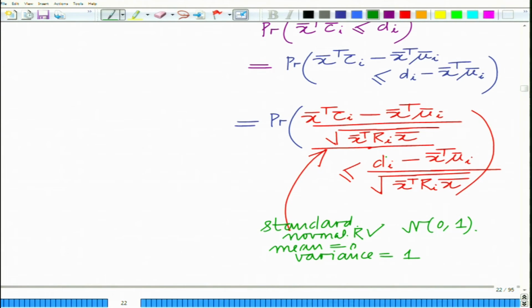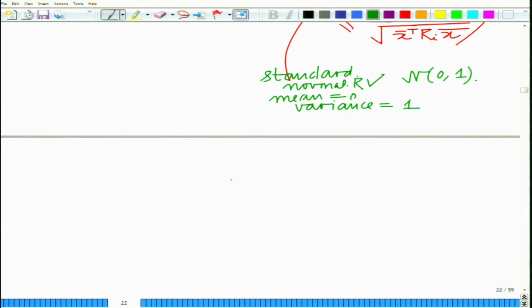Now the probability that this is less than or equal to this is 1 minus the probability that this is greater than or equal to this.